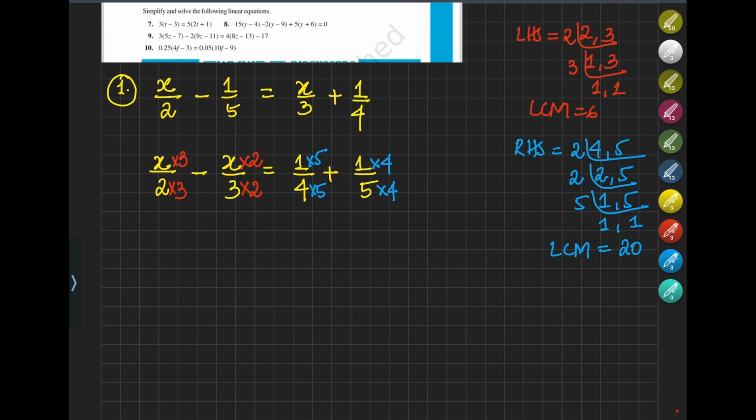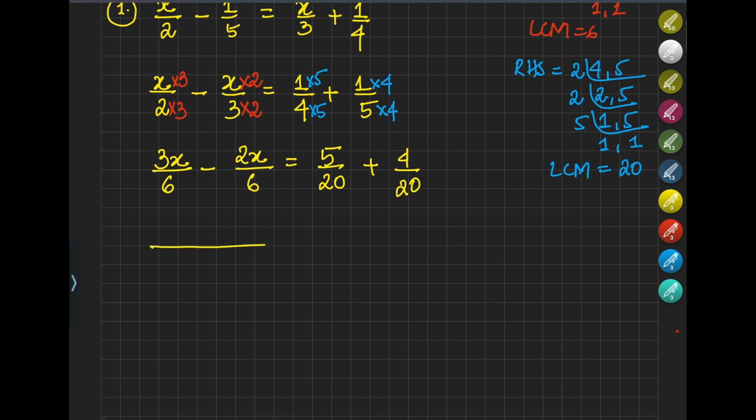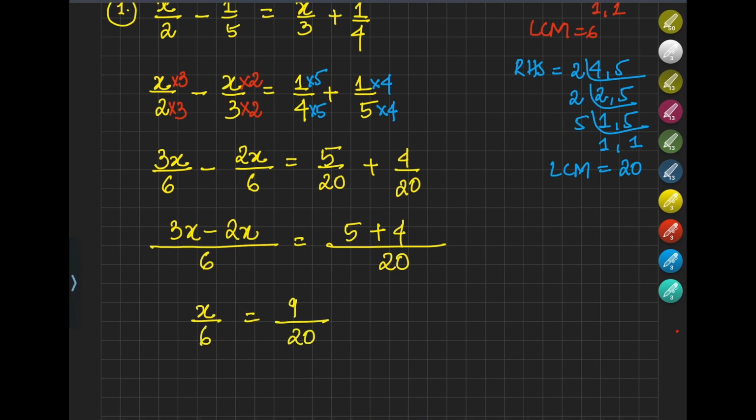And now write it as 3x by 6 minus 2x by 6 is equal to 5 by 20 plus 4 by 20. Now in the LHS, the LCM is 6, so 3x minus 2x, and here the LCM is 20, so 5 plus 4. Now let's solve this. 3 minus 2 is 1, so x by 6 is equal to 9 by 20.